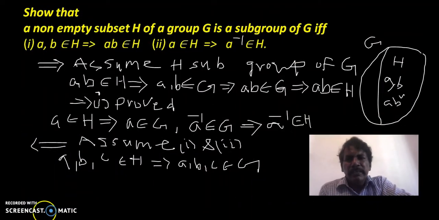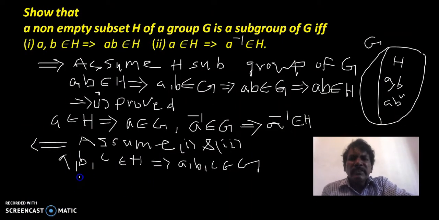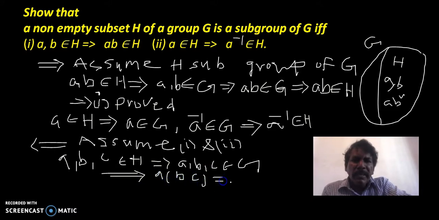G is a group, so the associative law is satisfied there. That is, A into BC equals AB into C. So the associative law is satisfied.